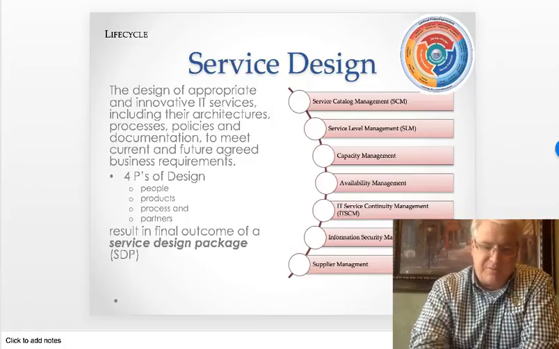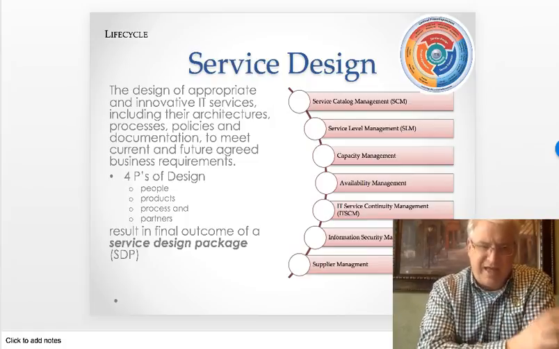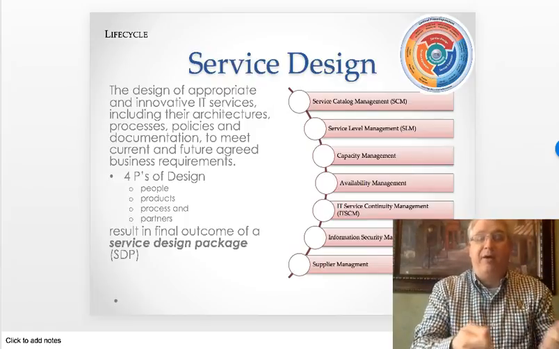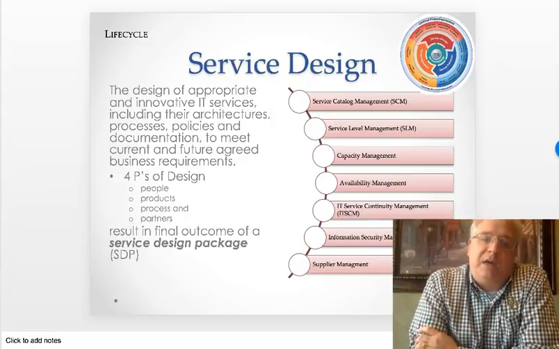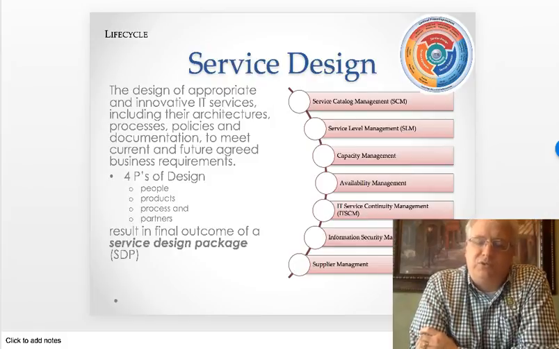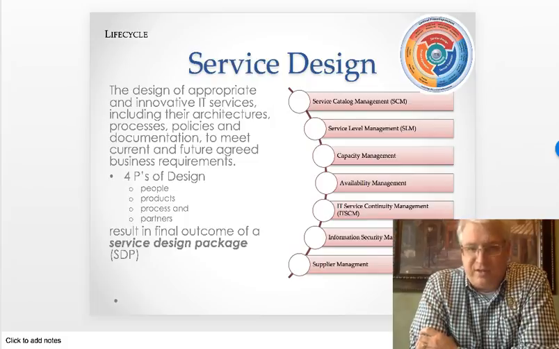A service design package is the deliverable out of the design phase that you will use in the next phase. A couple other process areas you can see there on the right: capacity and availability. We've talked about those two terms in previous classes.